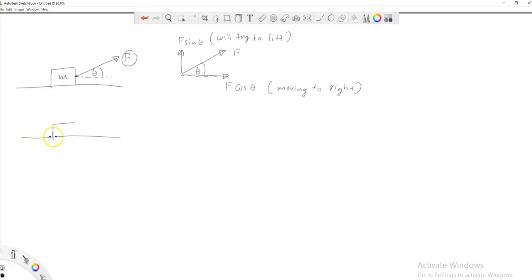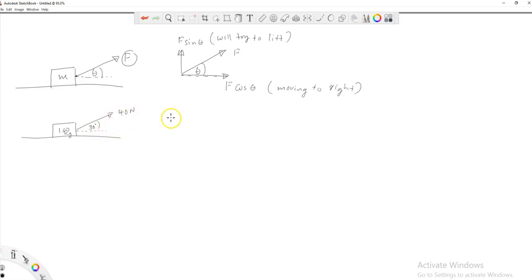Let's say this mass is 100 kilograms and you're applying, let's say, 40 newtons with an angle of 30 degrees. What's the acceleration?